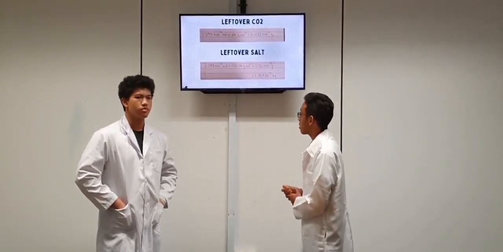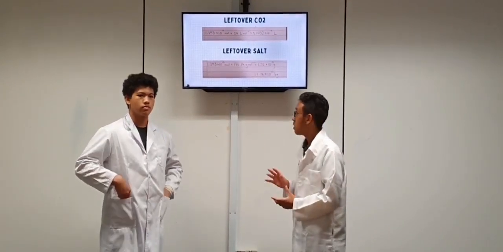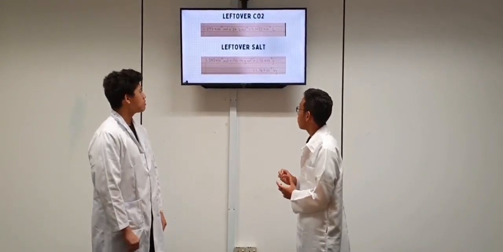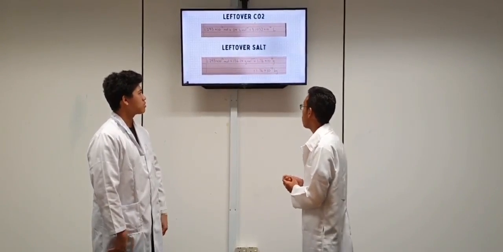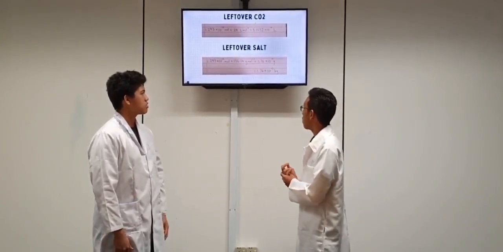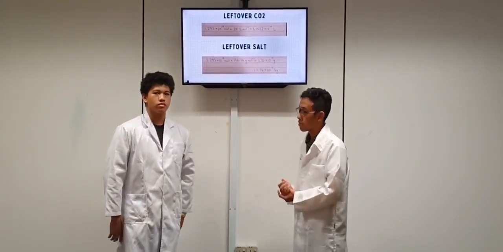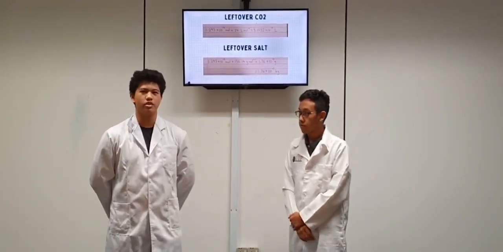The mole is the same, and we need to multiply it with the molar mass of CaSO4, which is 136.14 gram per mole, and we will get 1.76 times 10 to the power of 15 grams, which equals 1.76 times 10 to the power of 12 kilograms. That will conclude the data analysis part of the experiment.